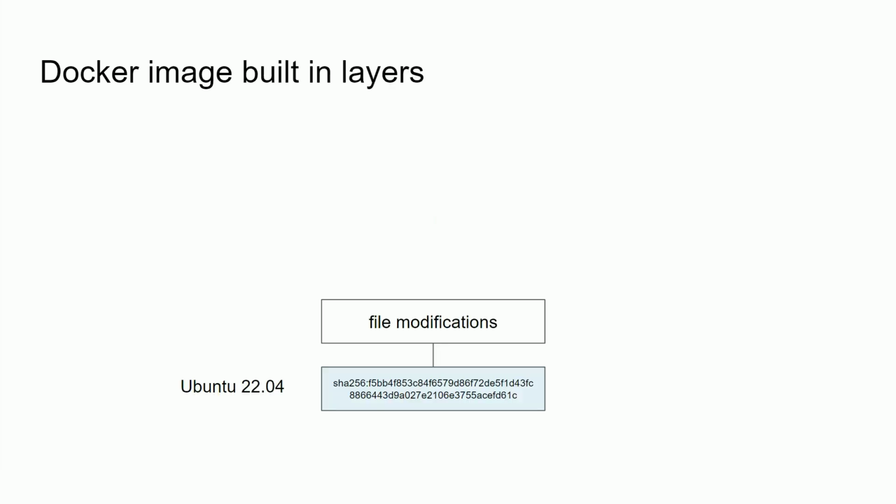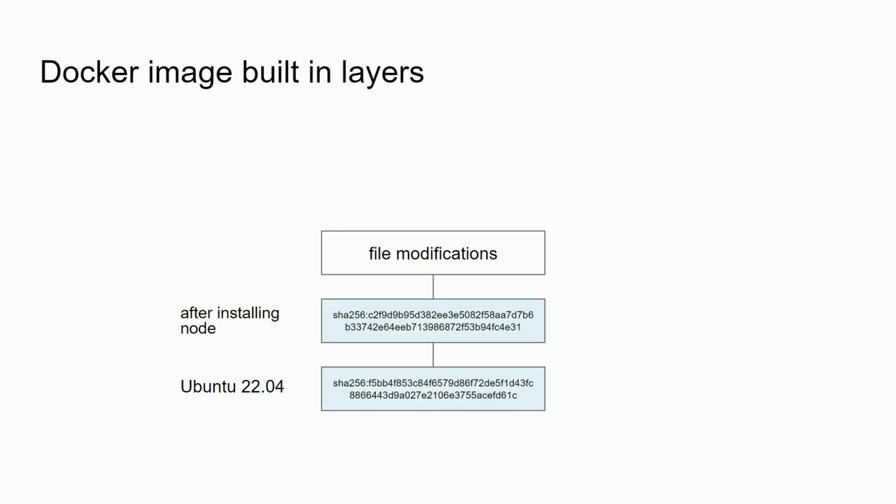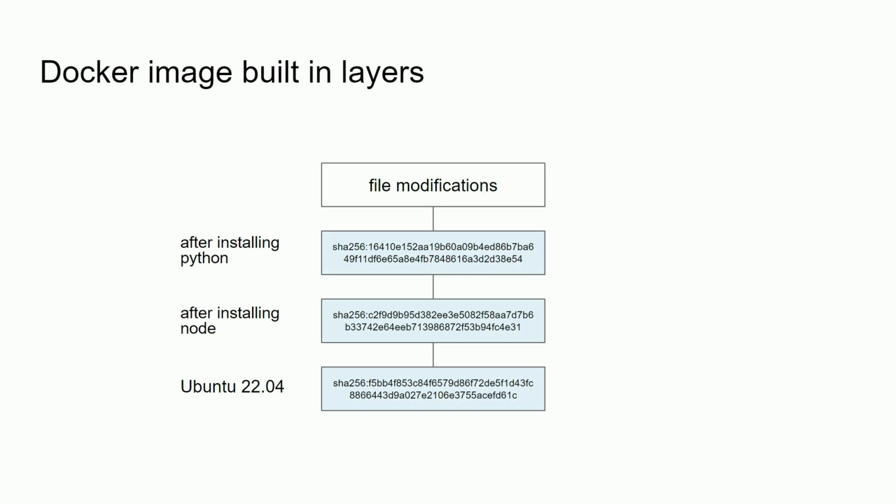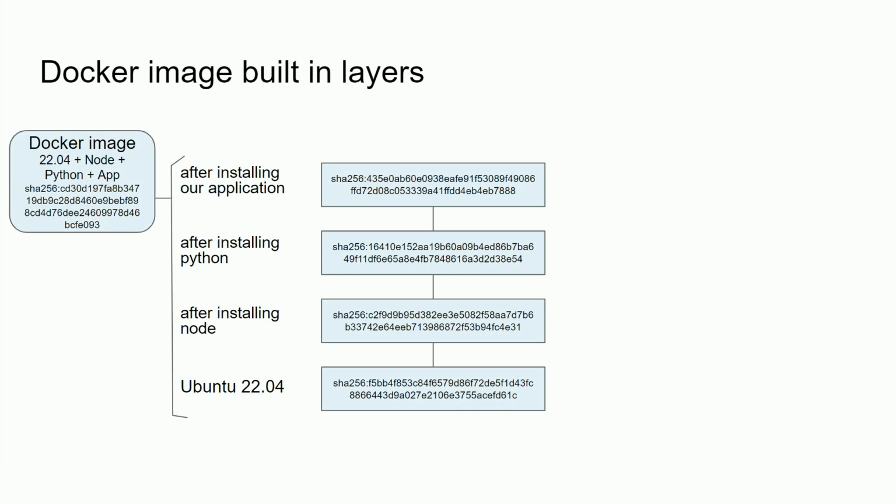For example, let's say we're putting together a Docker image that has Node and Python and our application installed on it. Typically, we would start with a base Docker image of something like Ubuntu 22.04. That's a full distribution of Linux. Then we'd install Node and create a layer from that. Same with installing Python.